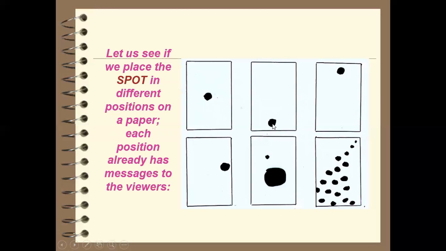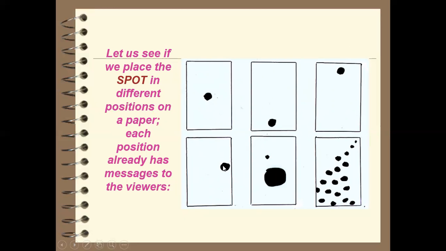But when the spot is near the bottom edge of the paper, you may see that the spot came from above and is falling down to the ground. When the spot is near the edge above the paper, then you feel like the spot is a balloon floating up in the air.